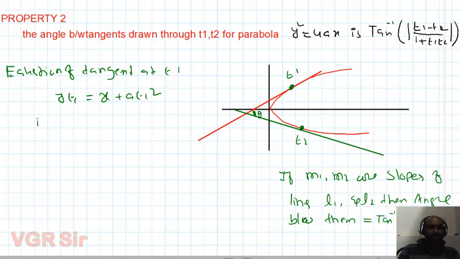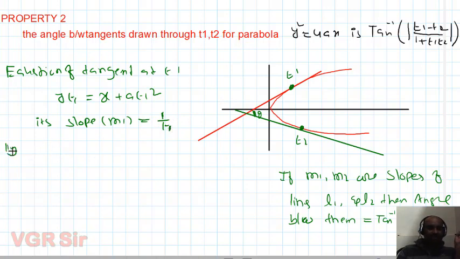Its slope, directly I am writing, m1 equal to 1 by t1. Observe, convert this into the form y equal to mx plus c. So m stands for 1 by t1 only, or by using differentiation also you can find the slope of the curve at the particular point t1. So 1 by t1 is taken as the slope of the tangent at the particular point t1.